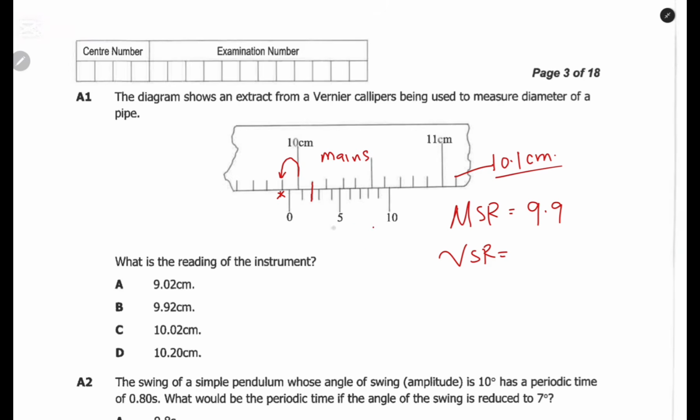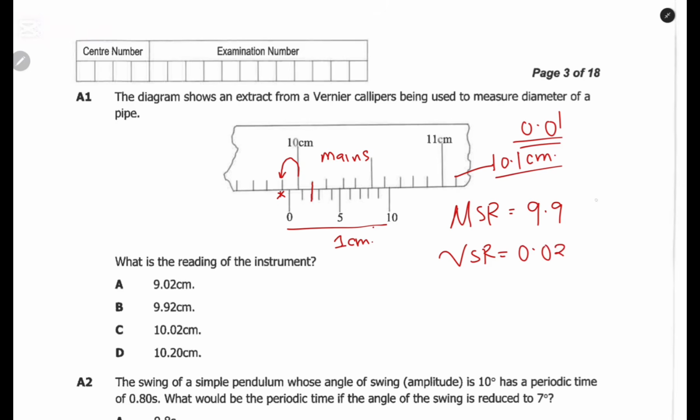Here, counting 0, 1, 2, that is a 2. But you multiply it with 0.01, which is the accuracy of the instrument, the least count. So 2 multiplied by 0.01 gives 0.02.